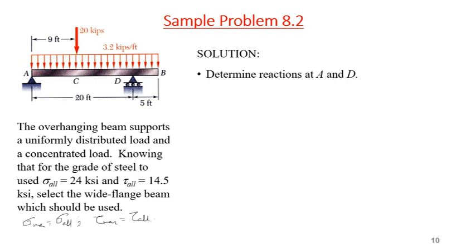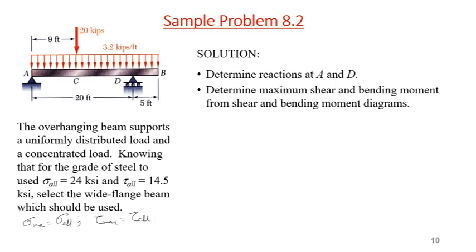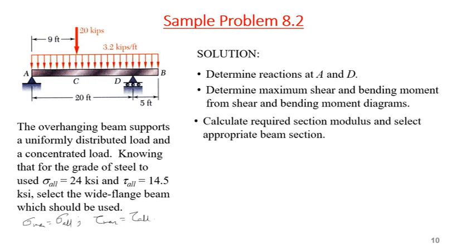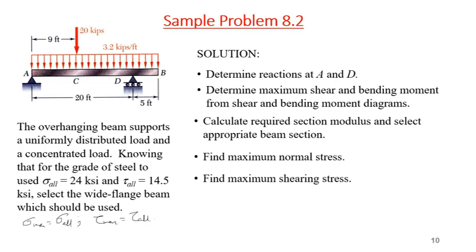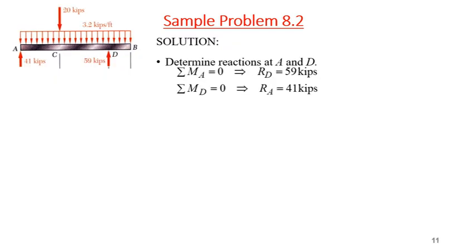So we have to consider both locations. So determine the maximum shear and bending moment from the diagrams. Then we will calculate the required section modulus and select the appropriate beam section. Find the maximum normal stress and the maximum shearing stress, and compare them. Okay, first we have to find the reactions.